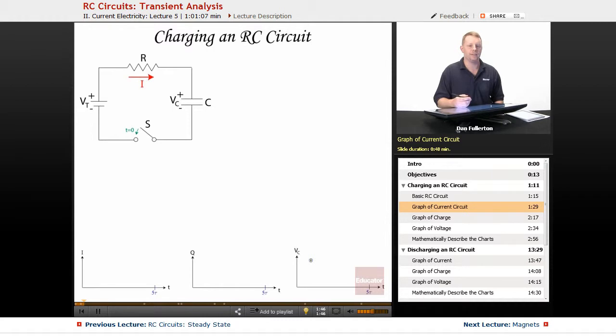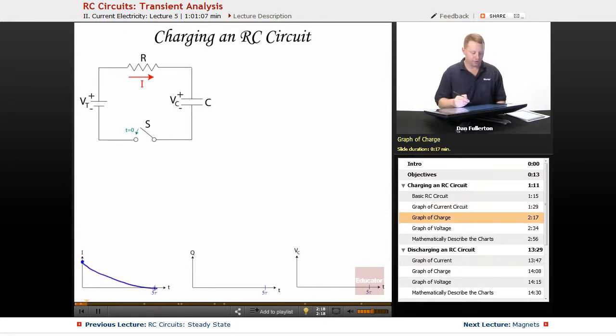We know the current in the circuit initially is going to be high because the capacitor acts like a wire. So we're going to have all the current, I equals V_T over R. So we're going to start here at this high level of current. And by the time we get to roughly 5 tau, the current's going to dwindle down to less than 1% of its initial value because our capacitor starts to act like an open. So our graph is going to have an exponential decay, something like that.